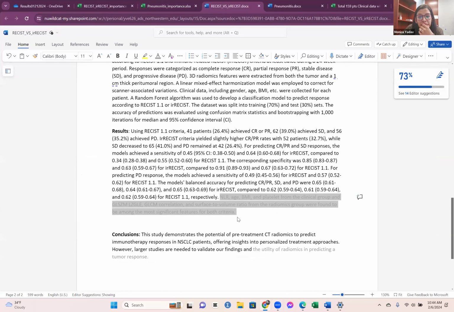Dr. Yuri added them as this, like NLR, BMI, platelet from the clinical group correlates to this, were found to be amongst the most significant features for both criteria. He tried to summarize the whole abstract into a single sentence for the sake of mentioning that we've done that too.